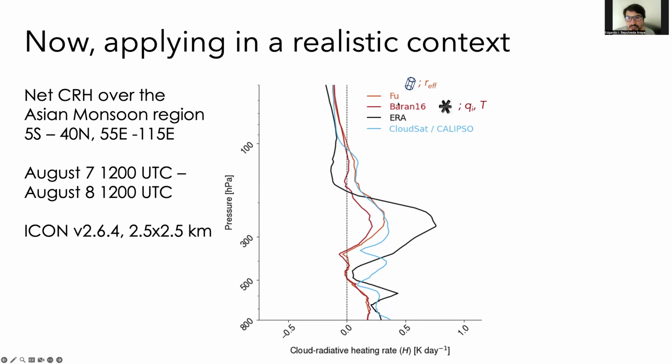And in this case, for example, we evaluate the full scheme and the Baran 16 scheme, sorry. This is the net cloud-radiative heating rate. And as I showed you before, at lower altitude, where we have certain ice cloud, the full scheme is higher or absorbs more radiation than the Baran 16, or a more complex ice crystal scheme, I would say.